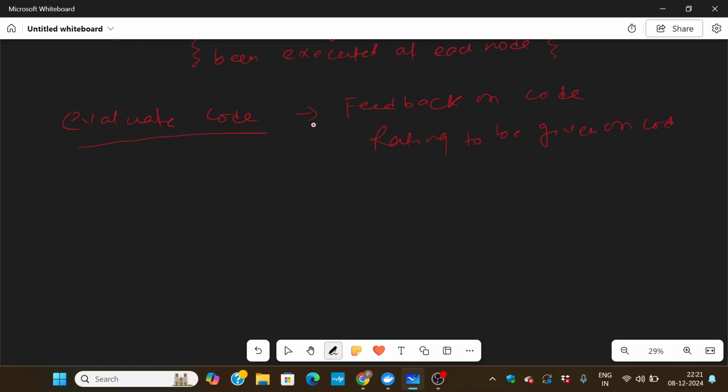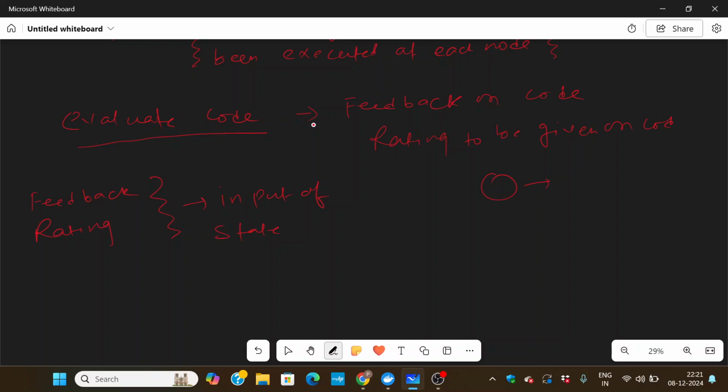So these two parameters, feedback and rating, are the input of the state.